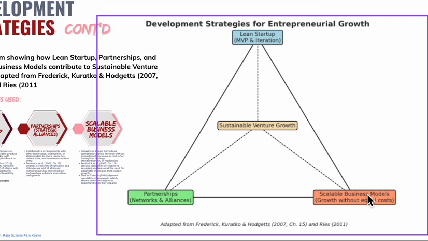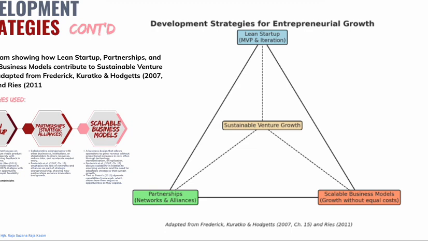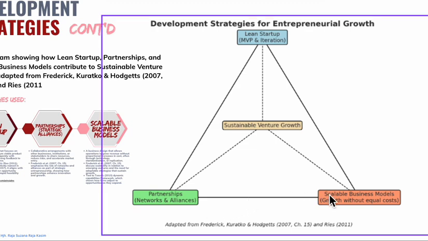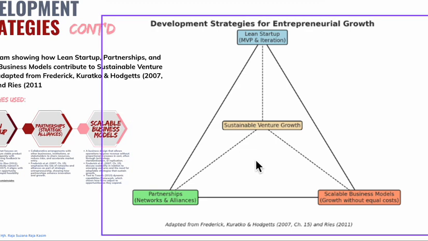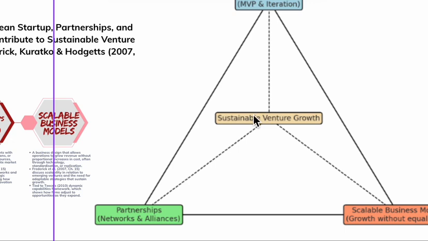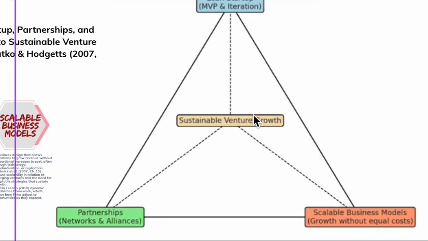And a scalable business model will help businesses to grow and increase revenue faster than costs. All of this is integrated, and they achieve sustainable venture growth, a state where a business is adaptable, right? The business is now capable of spending without exhausting resources.